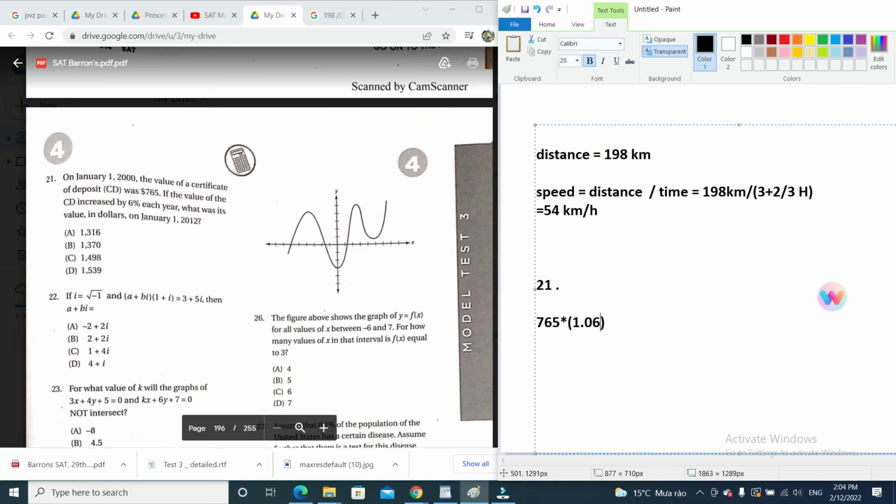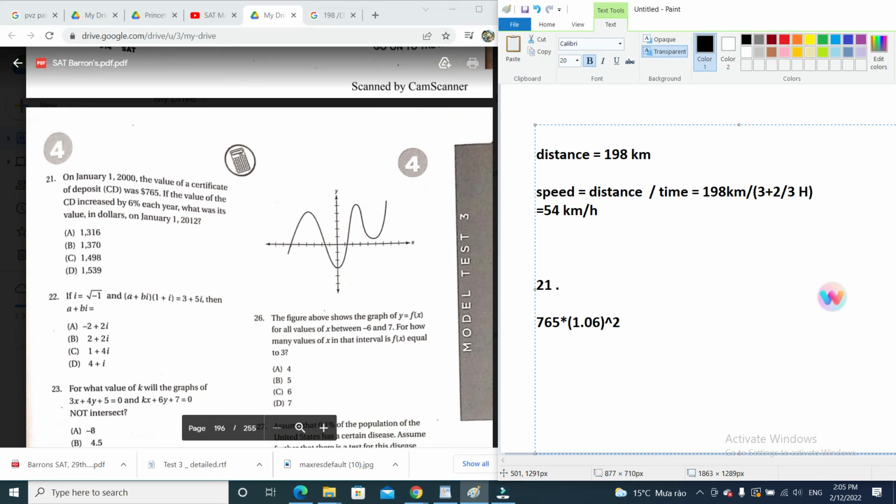So in January 1 of 2001, we're gonna multiply 765 with 1 time 1.06, and in January 1 2002, we're gonna multiply that number in 2001 with another 1.06, which is actually valued to 765 times 1.06 to the power 2.